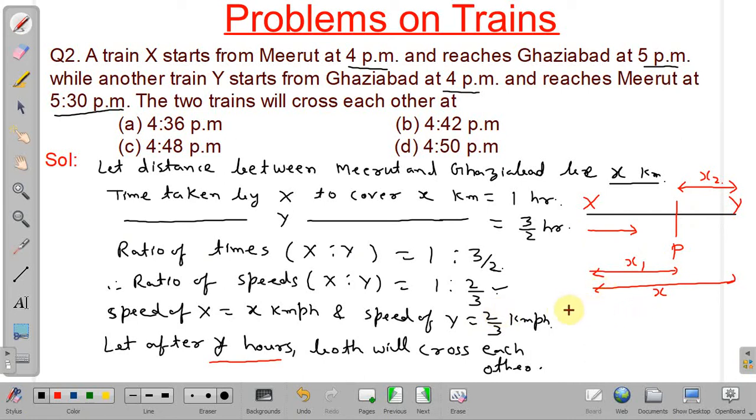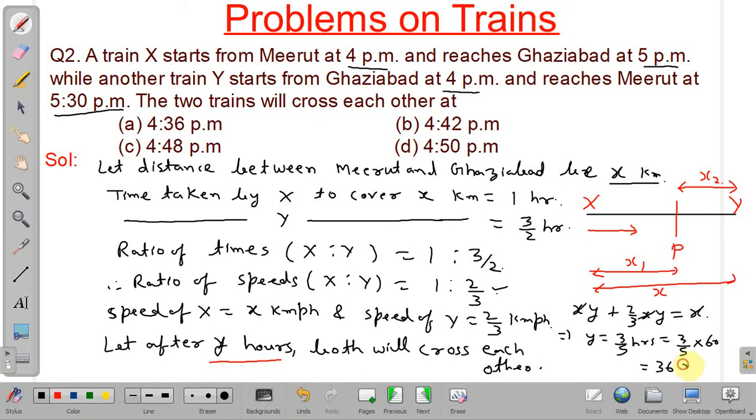The speed of train X is x and time is y, so x into y, plus the speed of train Y is 2 by 3 x and time will be y only, and the total distance will be x. So x will get cancelled out on the two sides, and we can find y equal to 3 by 5 hours, and in minutes it will be 3 by 5 into 60. So it is 36 minutes.